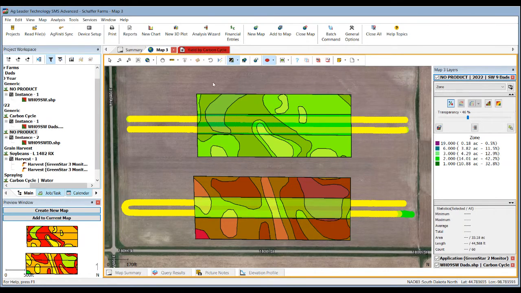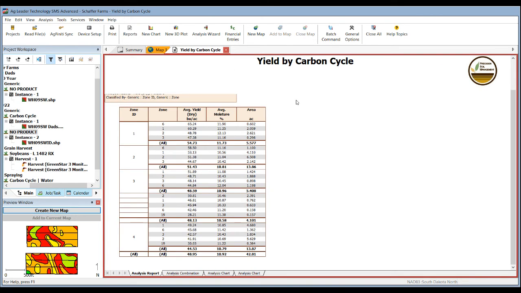So this is what we came up with. If you remember, these are the Carbon Cycle areas: 1, Carbon Cycle; 3, Carbon Cycle; 2, non-Carbon Cycle either side of 1. So we have a zone 6 in each of those.